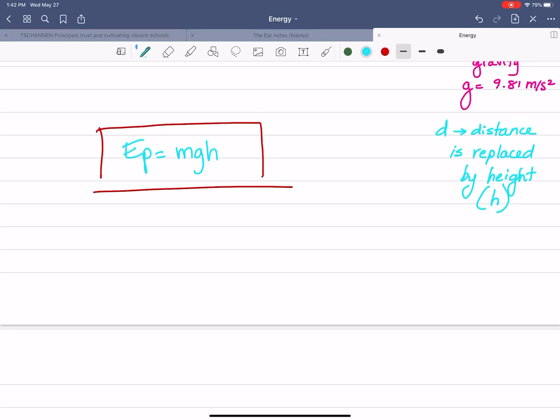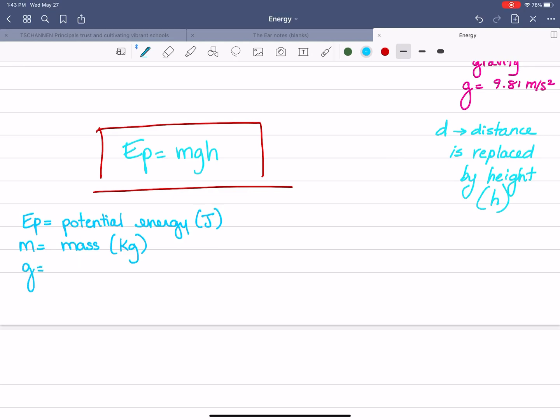where EP is the potential energy, and again, since it's energy, it's going to be in joules. M is the mass in kilograms.